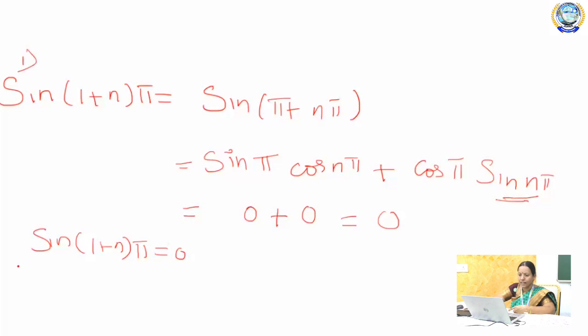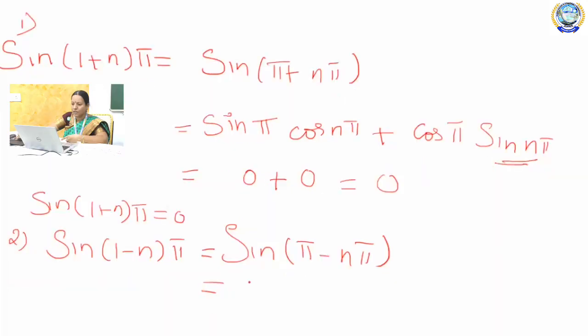Now see the second one. What is sin (1 minus n) pi? Nothing but sin (pi minus n pi). This can be written, by using the formula sin (a minus b), as sin pi cos n pi minus cos pi sin n pi. Nothing but 0.